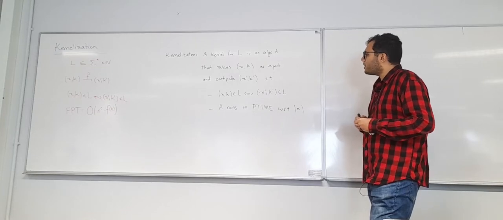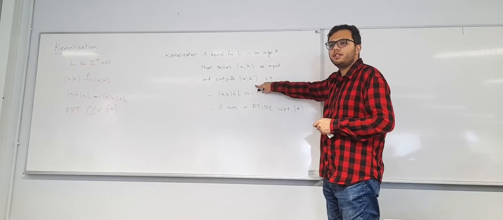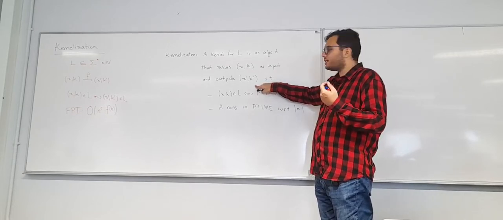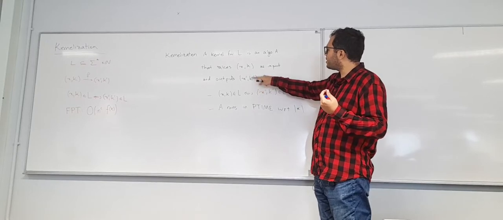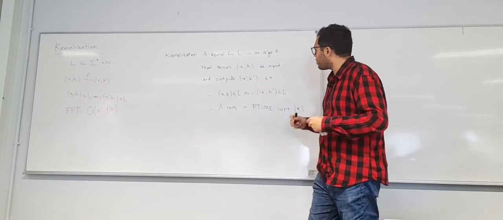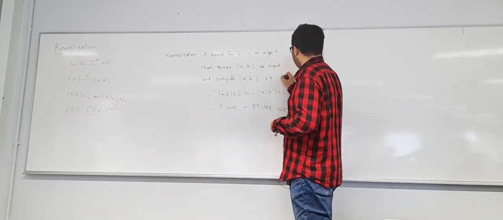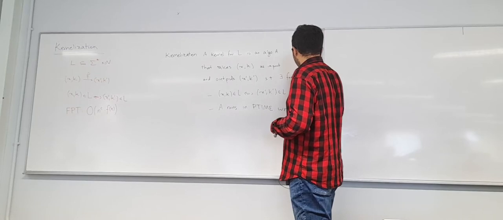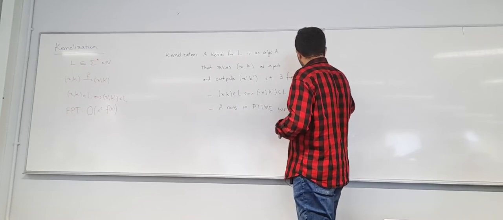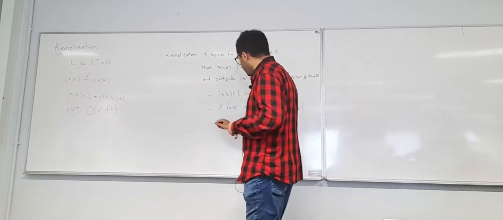Now, what else do I want? Well, I want my final instance to be small, right? And by that, I mean that I want my final instance to be bounded by some function of my parameter. So maybe I can say such that there exists some function, let's call it g, also from n to n, and you can say that it should also be computable.